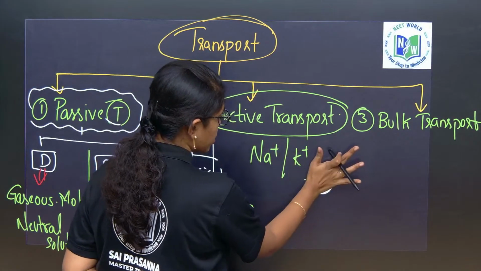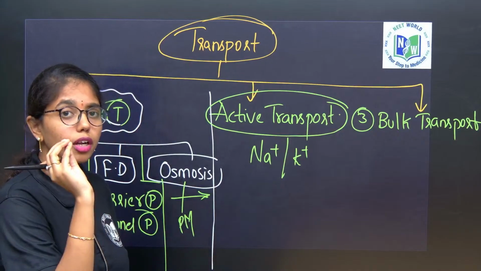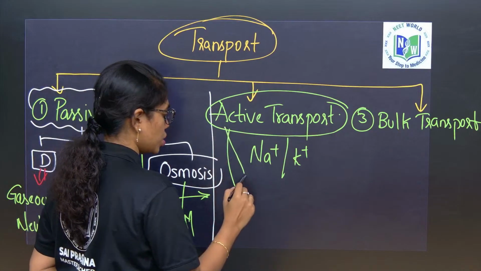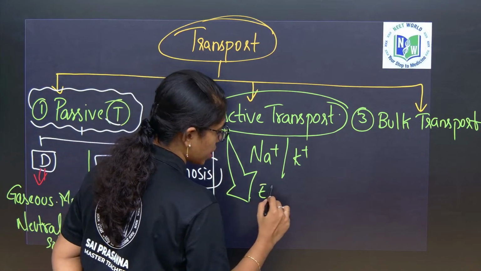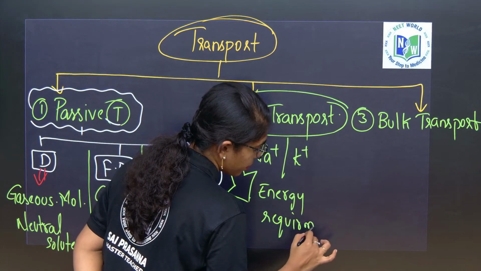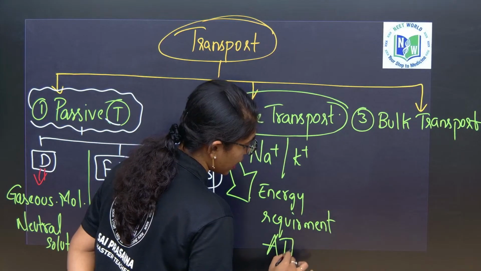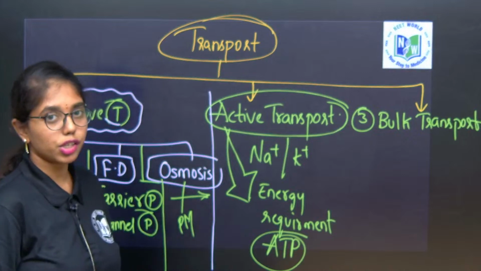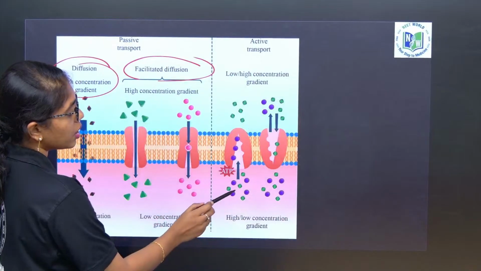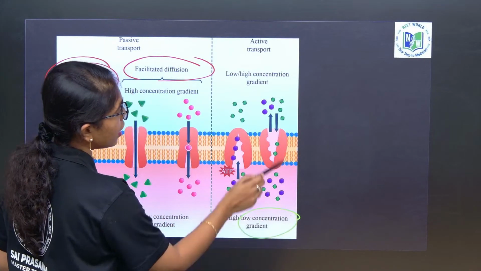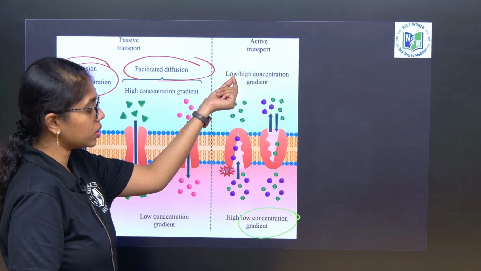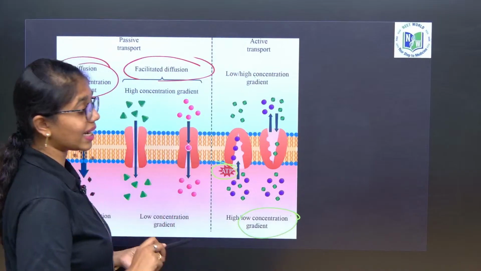Any movement of molecules or ions by using ATP or energy is called active transport. Here you can see the molecules moving from low concentration to high concentration. As the movement is from low concentration to high concentration, this requires energy, that is ATP.